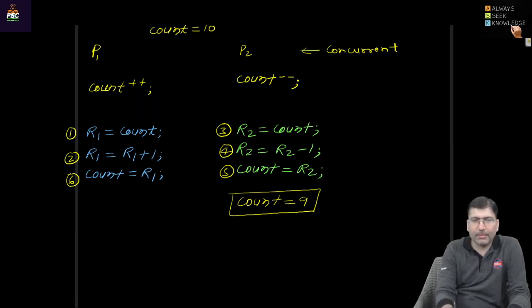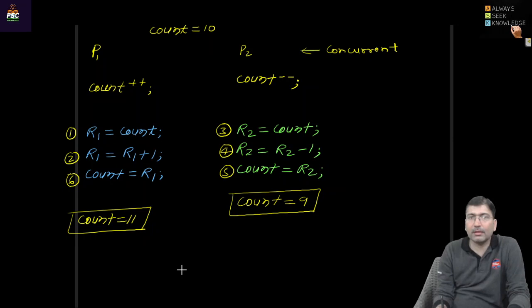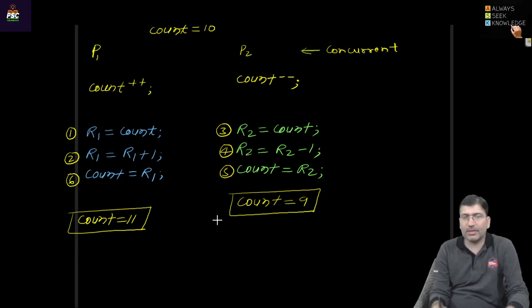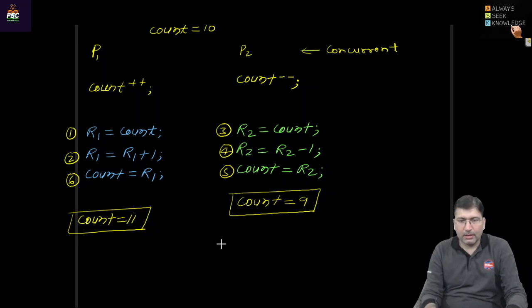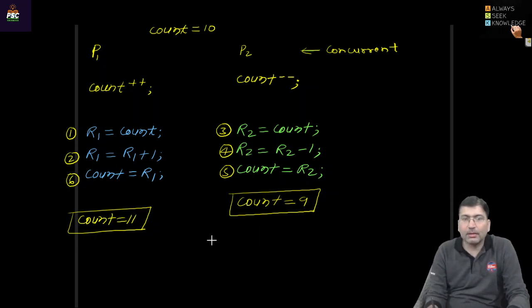So this time the final value of count will be 11, right? So if we decide some other sequence of execution of these, it may give some other result. So that means the order of execution of the instructions is deciding the output or outcome. That means there's a race.